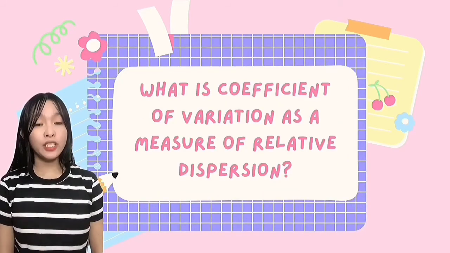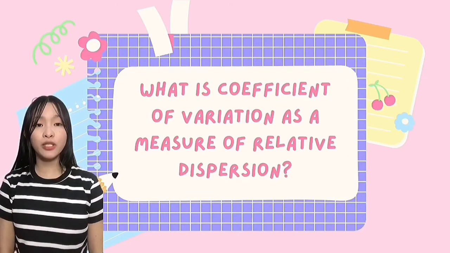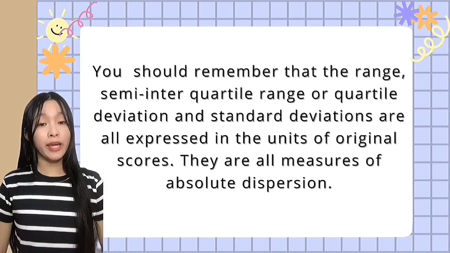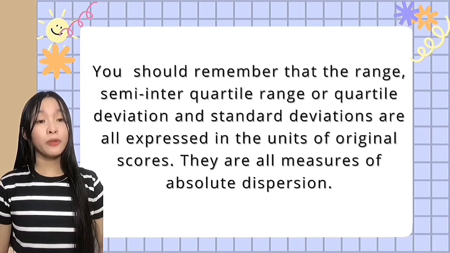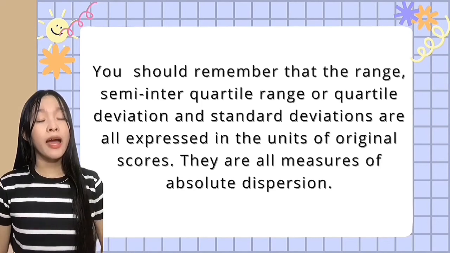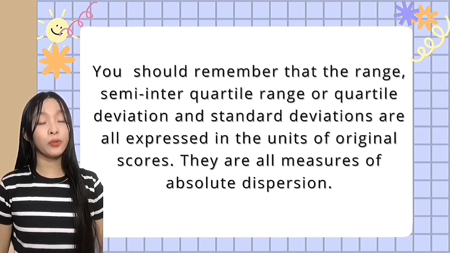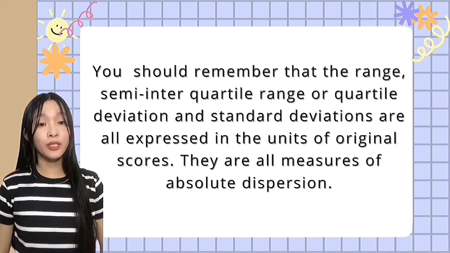What is coefficient of variation as a measure of relative dispersion? You should remember that the range, semi-interquartile range or quartile deviation, and standard deviation are all expressed in the units of the original scores. They are all measures of absolute dispersion.